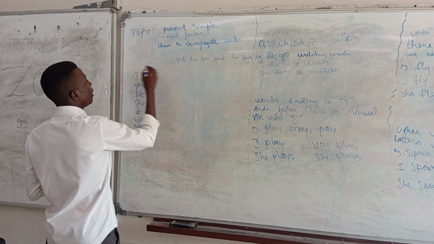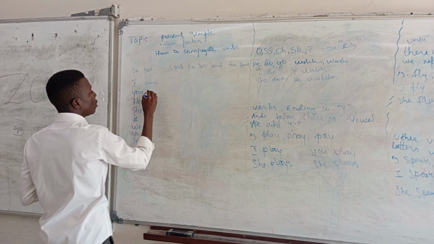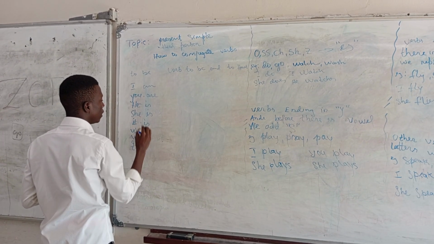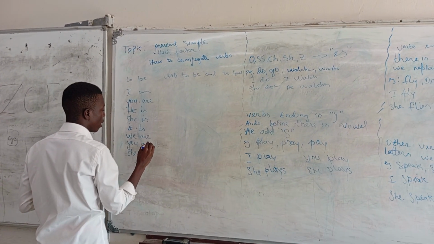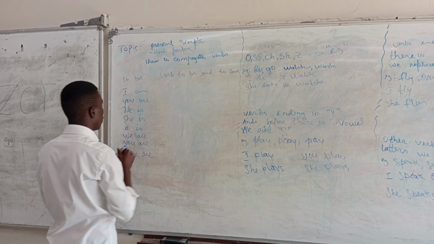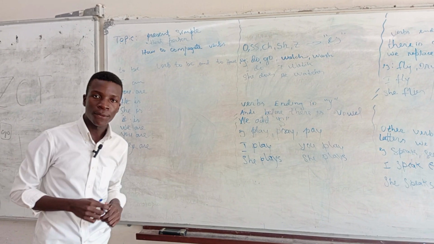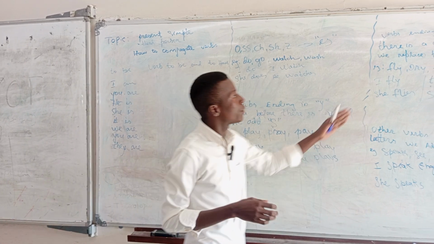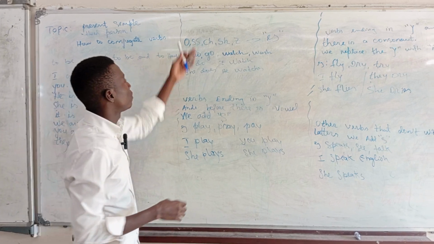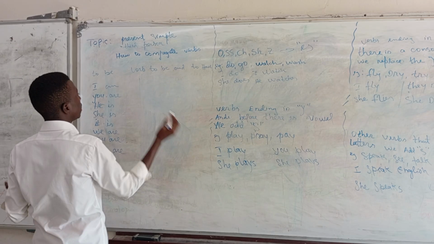We have the verb to be: I am, you are, he is, she is, it is, we are, you are, and they are. This is the present simple of the verb to be. But we also have the verb to have. This also doesn't follow the rule of adding es when it ends with o, because to have doesn't end with this letter. We are going to conjugate it like this.